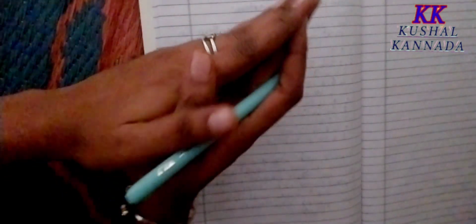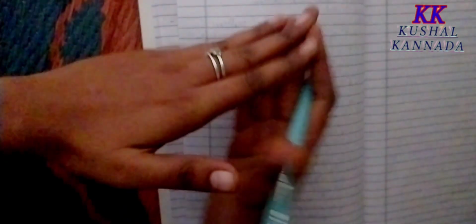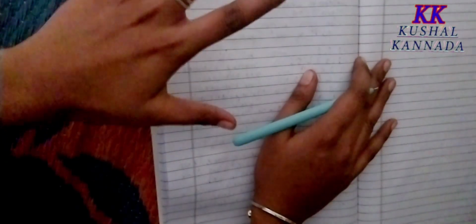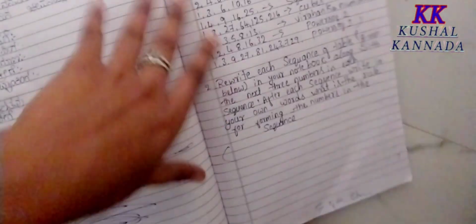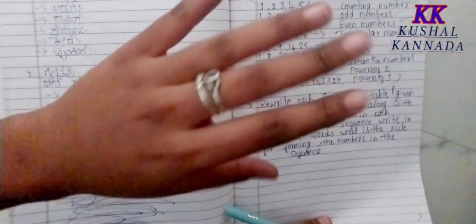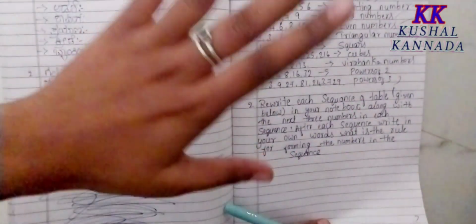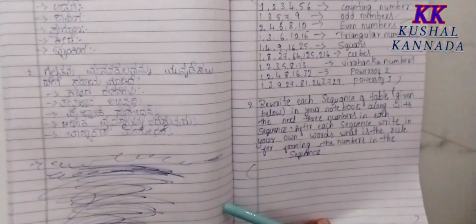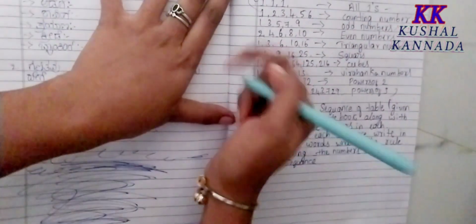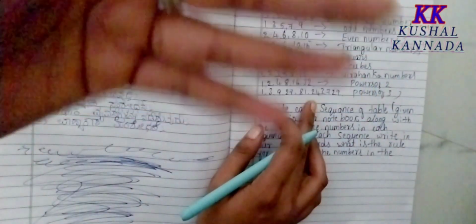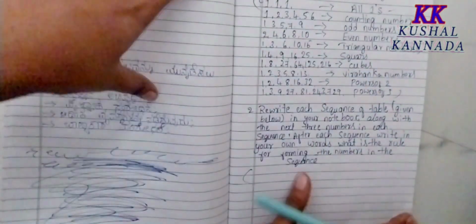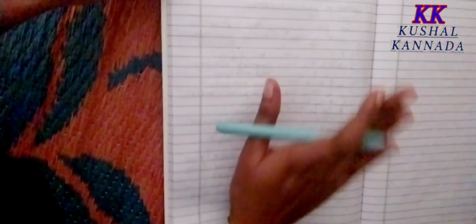I am not writing the table because this video's length would be too long. Okay, that's the reason. So I will only explain. You write this table. Table number 1 you write. Okay. I will explain.